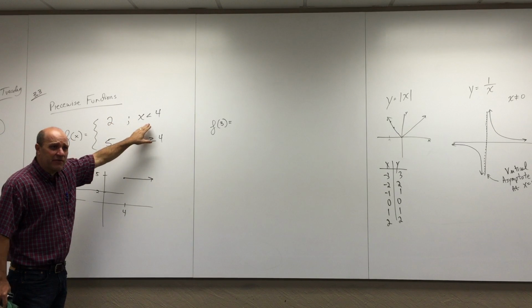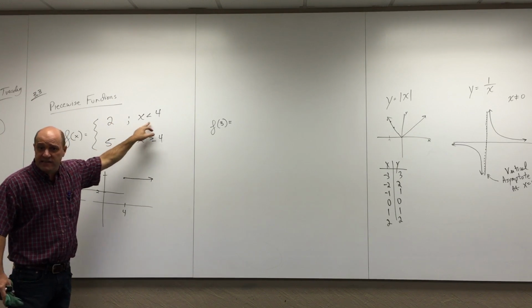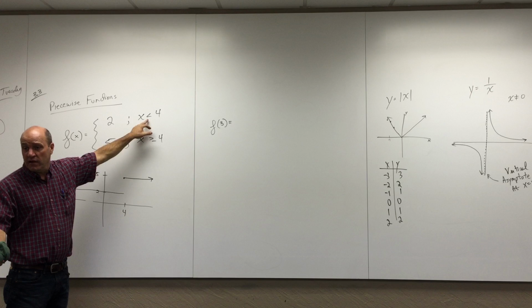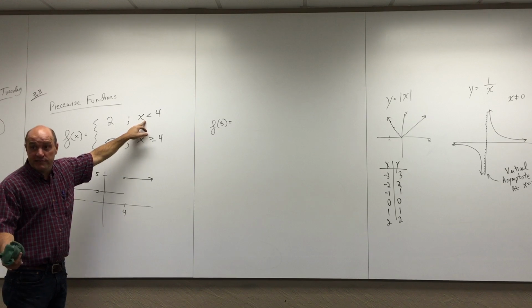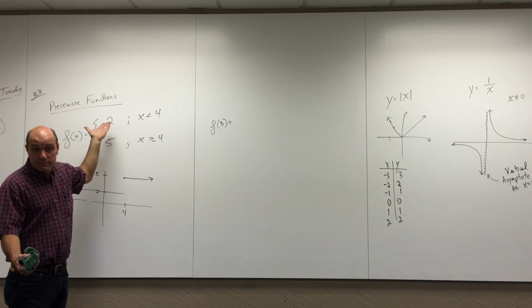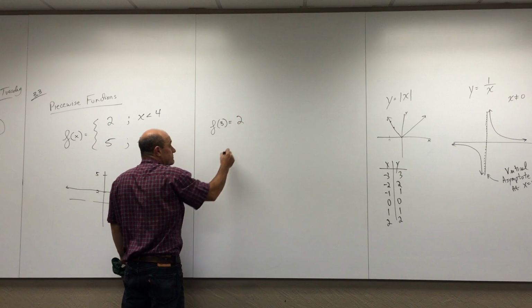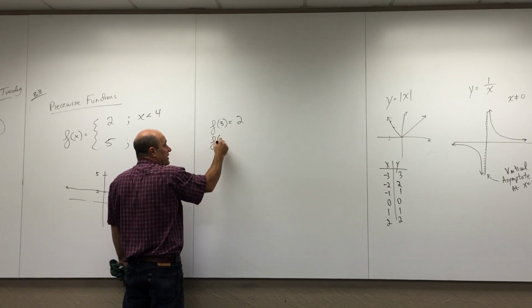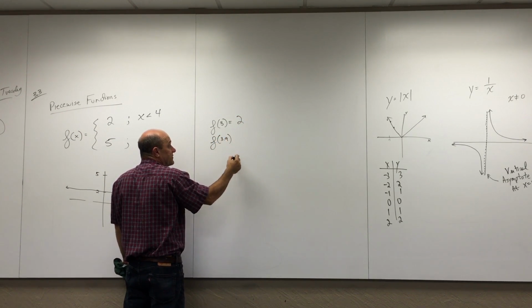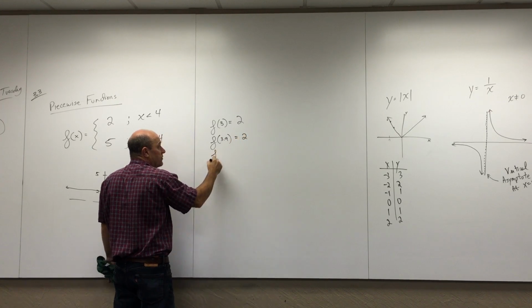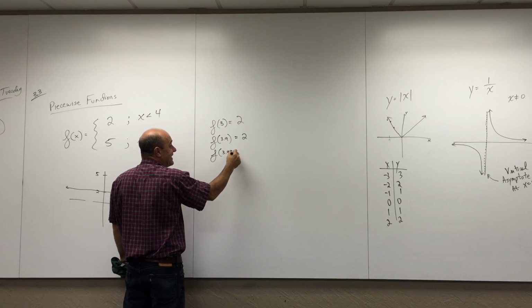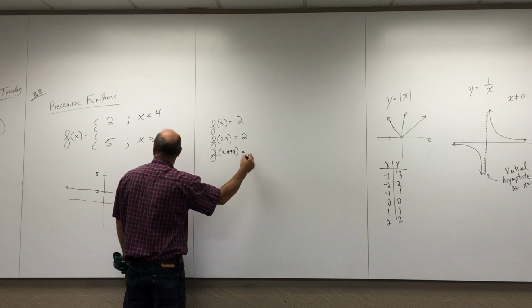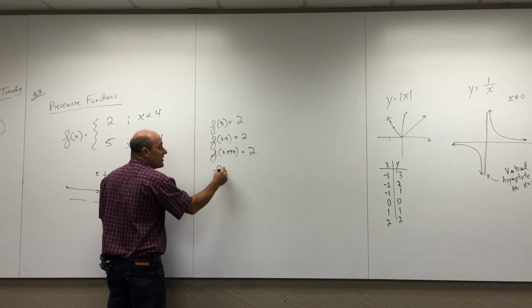My brain would go here and say, okay, if I'm plugging in a 3, I'm less than 4. If I'm less than 4, the answer is 2. What if you plugged in a 3.9? The answer is 2. What if you plugged in a 3.9999999? That's a 2. What if you plugged in a 4?